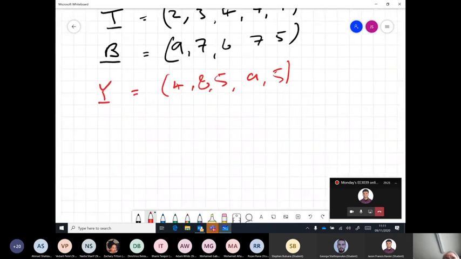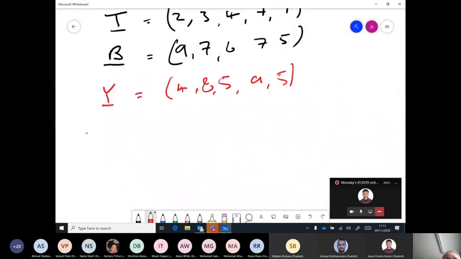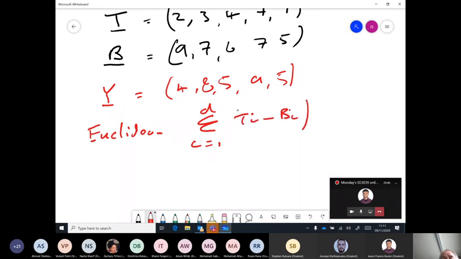Right, now using the Euclidean distance, the equation, remember, is the summation over i equals 1 to D, in this case 5, of Ti minus Bi, the corresponding elements in the reference vectors, squared, and the whole thing is square rooted.